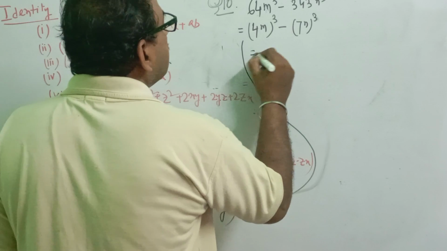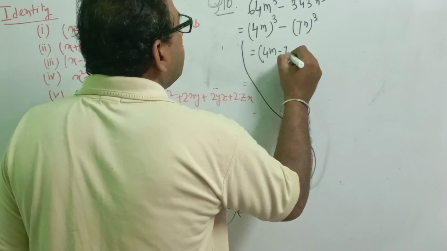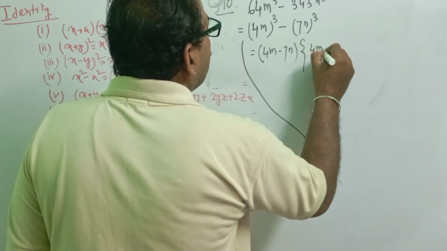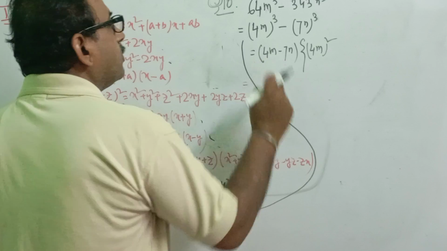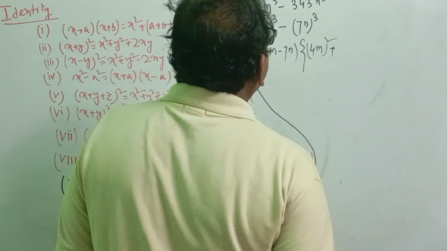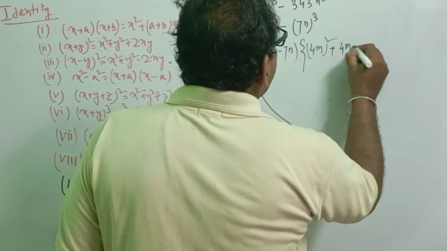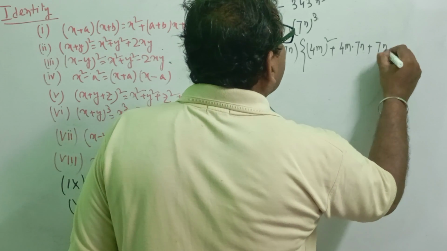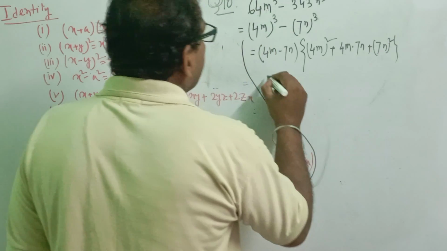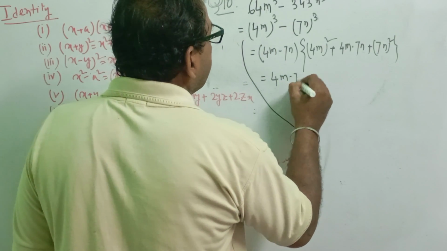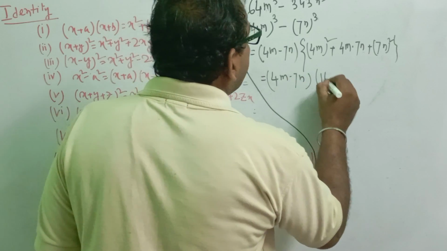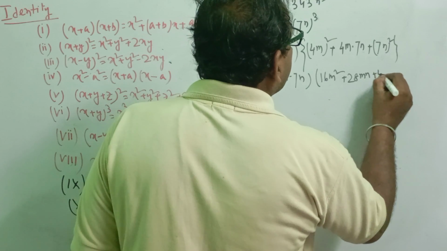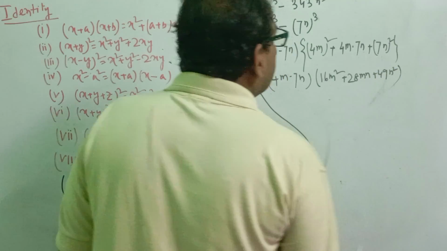That is x minus y into x square plus xy plus y square, so 4m minus 7n into 16m square plus 28mn plus 49n square.